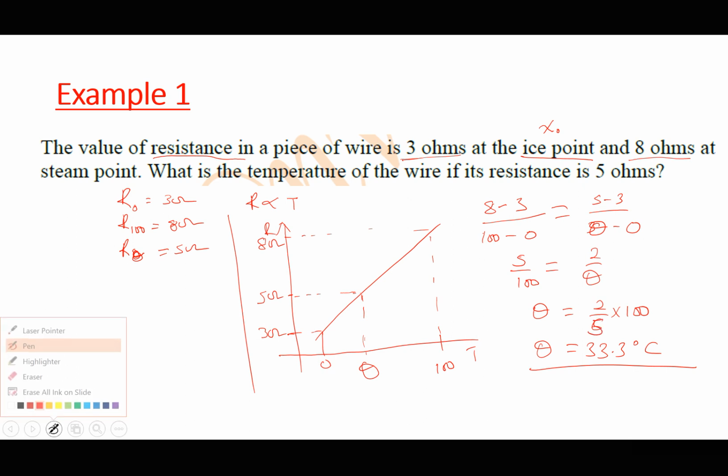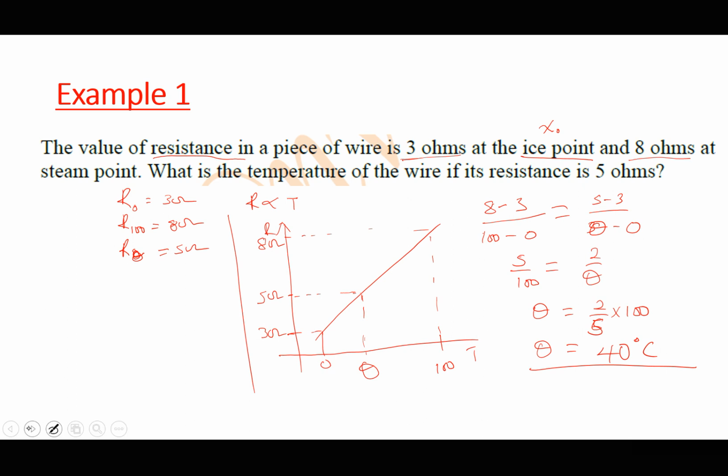So this is just a small error, a slight slip of the mind. So 200 by 5 gives you 40 degrees Celsius. Okay, so that is 40 degrees Celsius, the temperature corresponding to 5 ohms.